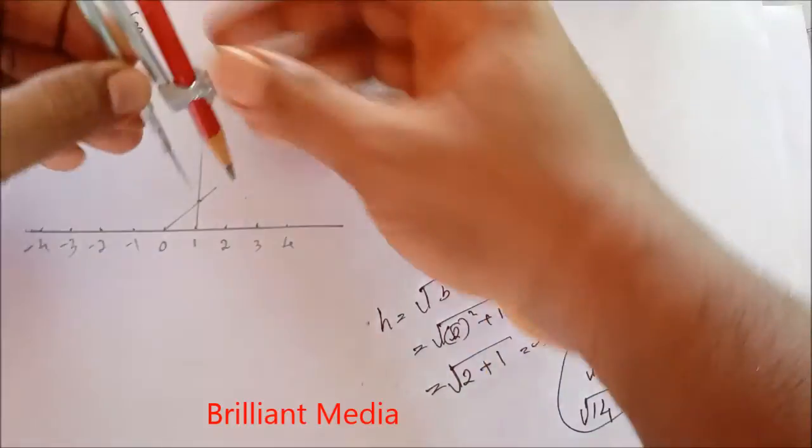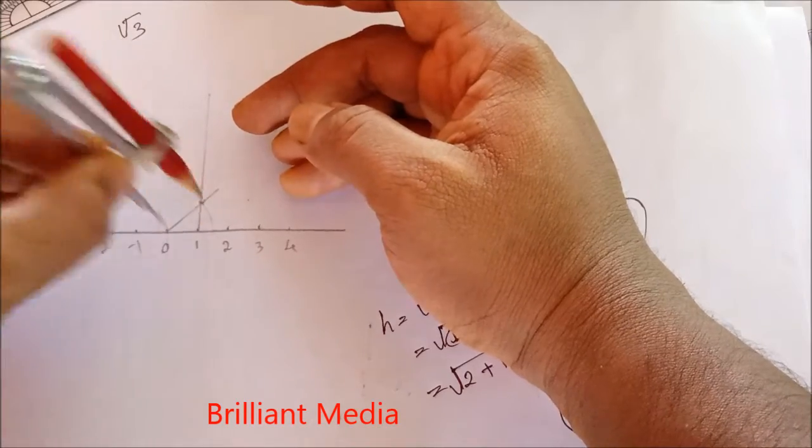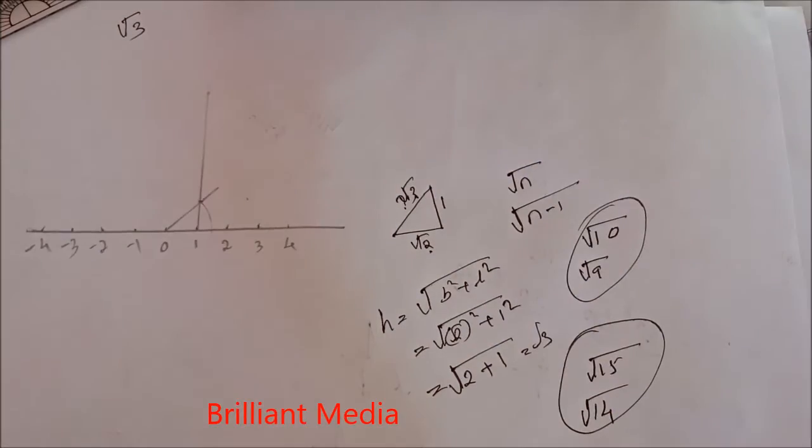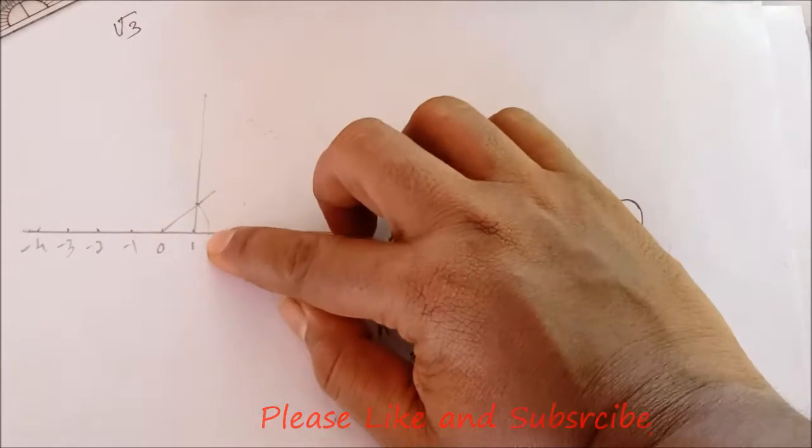We are just transferring that point to our main scale. This is one method. From here onwards we can go with two methods. In this one method, we transfer this to the main number line.